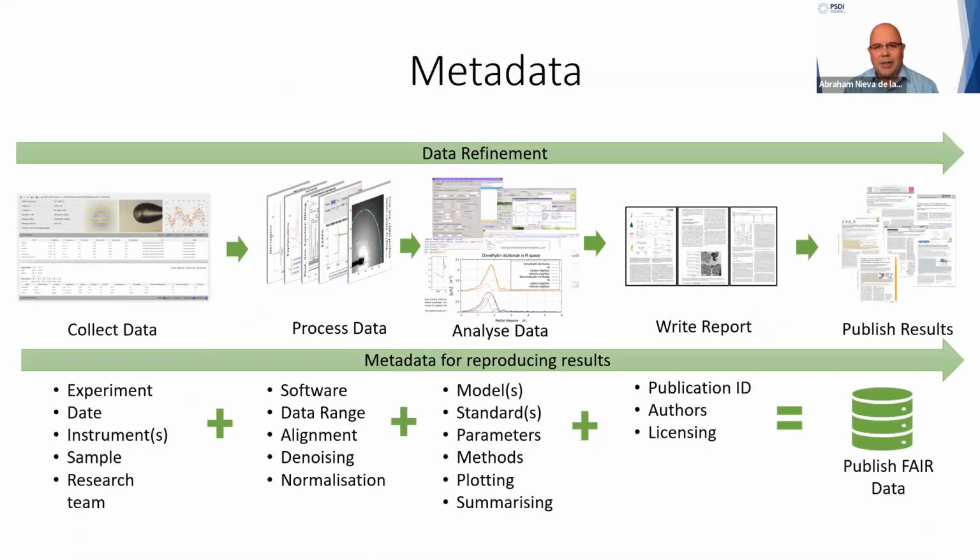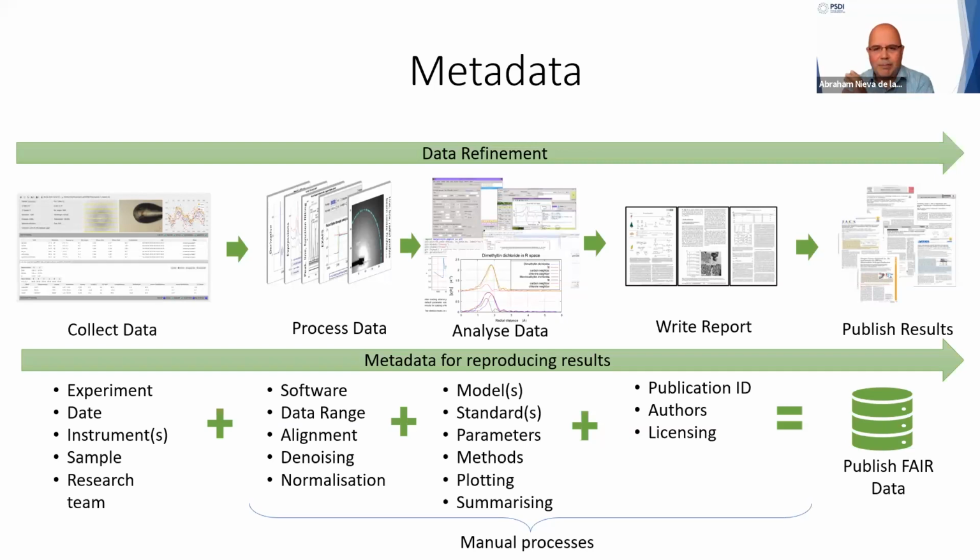In this context, we would target capturing data in every stage of the research process, from the collection to the publishing of results. And you know that at each stage, the types of metadata produced along with the data keeps on growing.